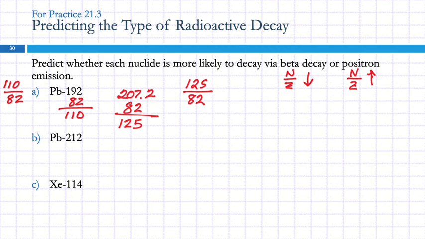What's that going to be? This is the one that increases it, because protons get changed into neutrons. So we would predict that that one will do positron emission. Any questions?